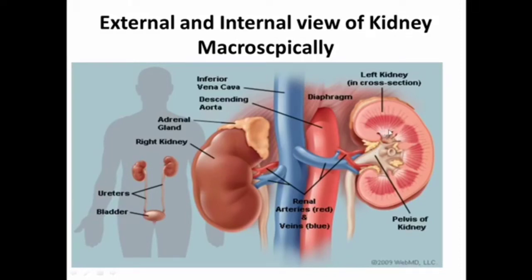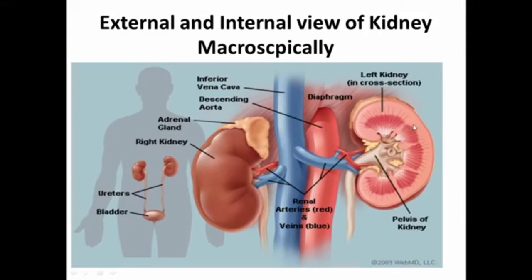Some other things about this medullary section that you can see here: some rays projecting from this medulla, and these are called the medullary rays. How are these medullary rays formed?